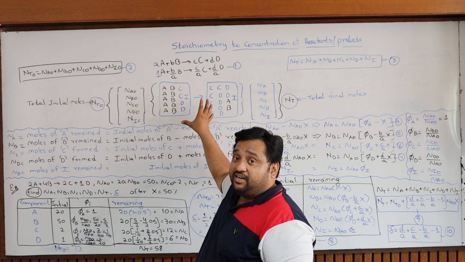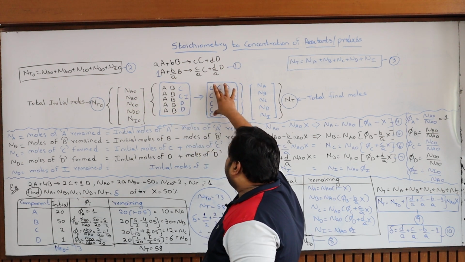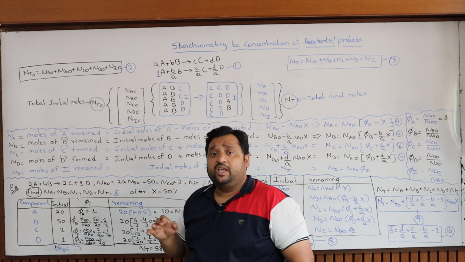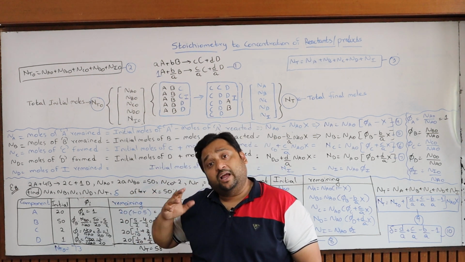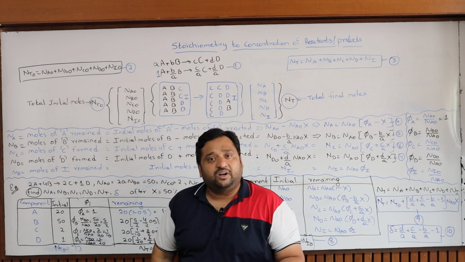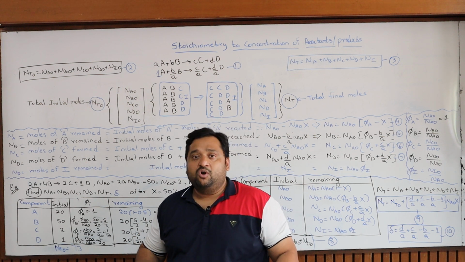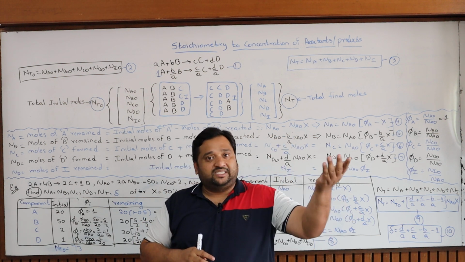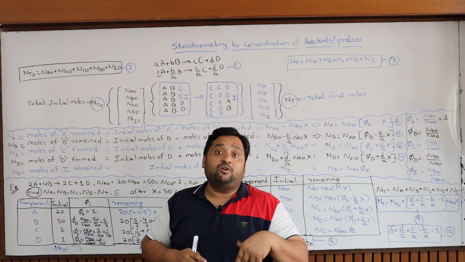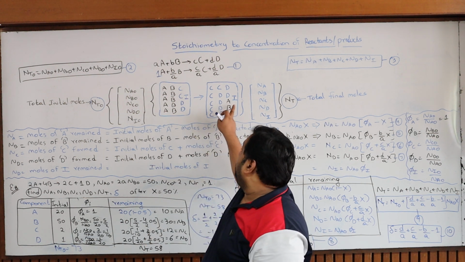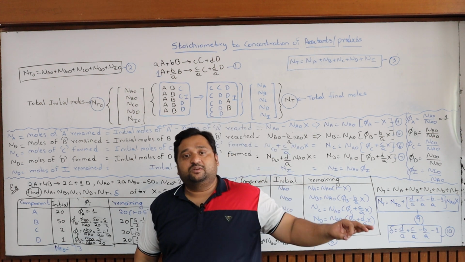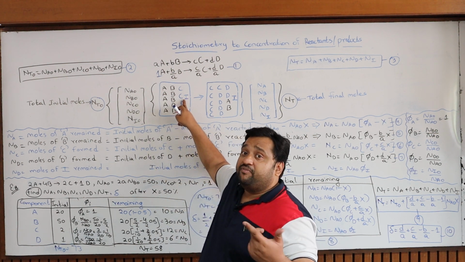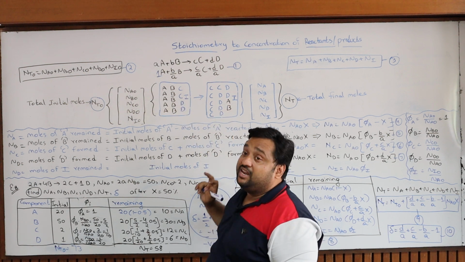After the reaction, C and D will be present, and A and B also will be present, because complete reaction does not happen every time. So on the product side, along with C and D, A and B will also be present. Inert will not participate in the reaction, so moles of inert will be the same before and after the reaction.